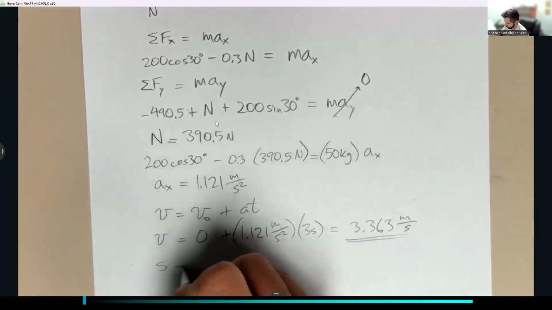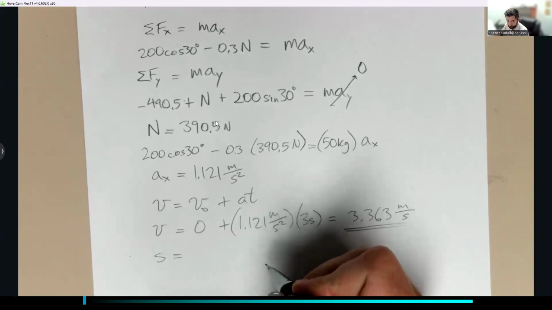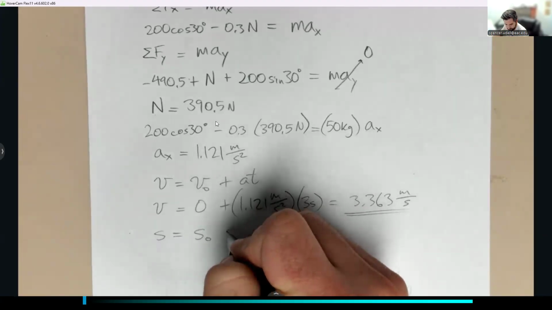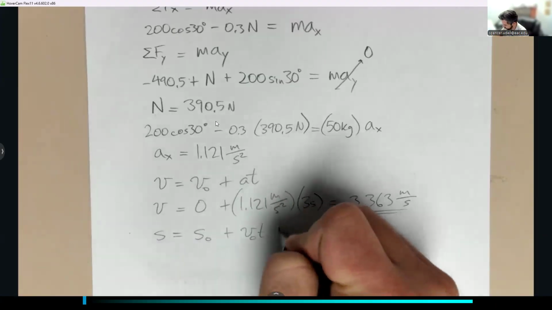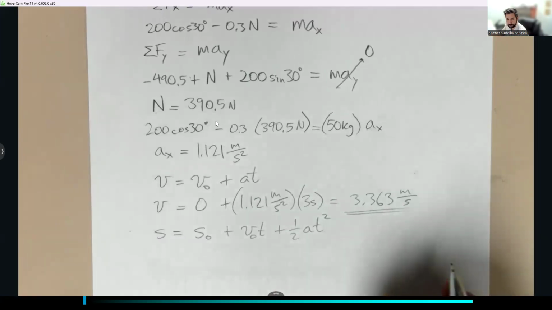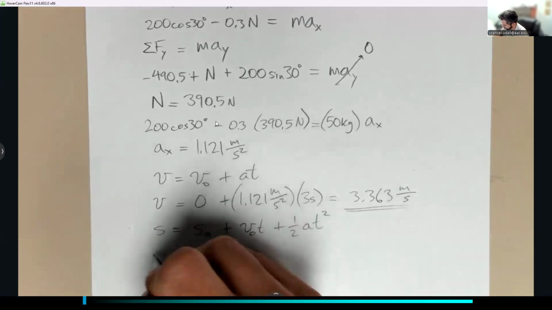There's one answer. We're looking for the final distance that it goes, so let's find s, the position. So we start with initial position s naught plus v naught t plus 1/2 at squared. That sounds like one that we could plug in stuff we know and solve for a position.